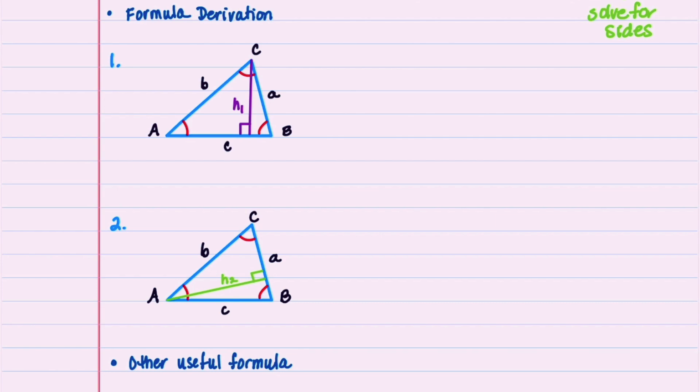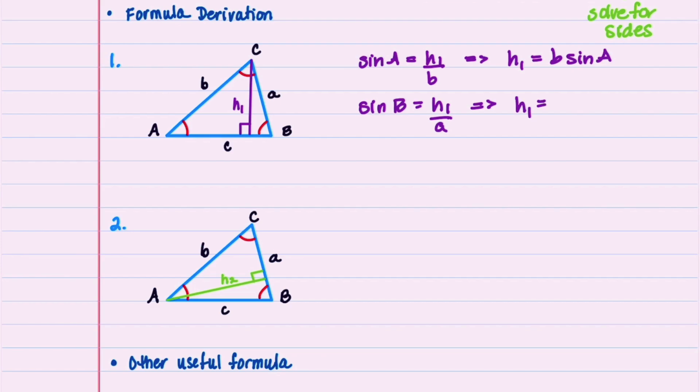If we use right triangle trigonometry, we can say that sine of capital A is equal to the opposite over the hypotenuse, so that's h1 over b, and that tells us that h1 is equal to b times sine of A. Likewise, we can say that sine of our angle B is equal to h1 over a, and that tells us that h1 is equal to a sine B.